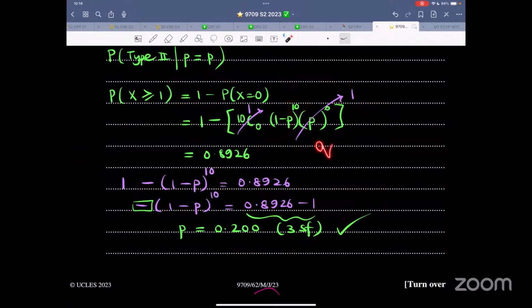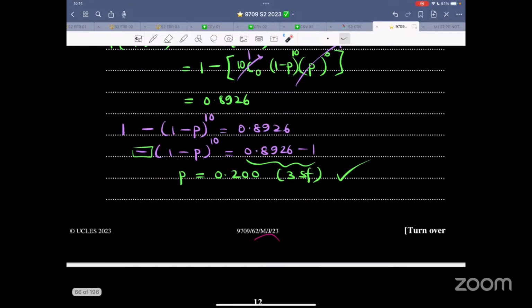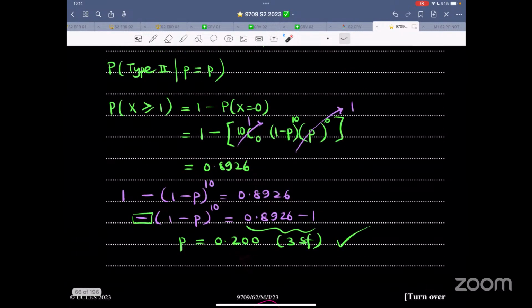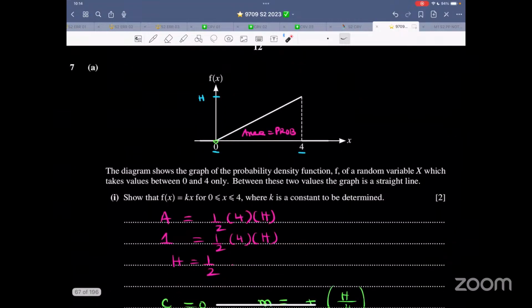I can use Q and subtract it later, but I prefer to write 1 minus P in this scenario. So this minus this is this much. Make P the subject, use a calculator. So the true probability is 0.2. Another very, very nice question.